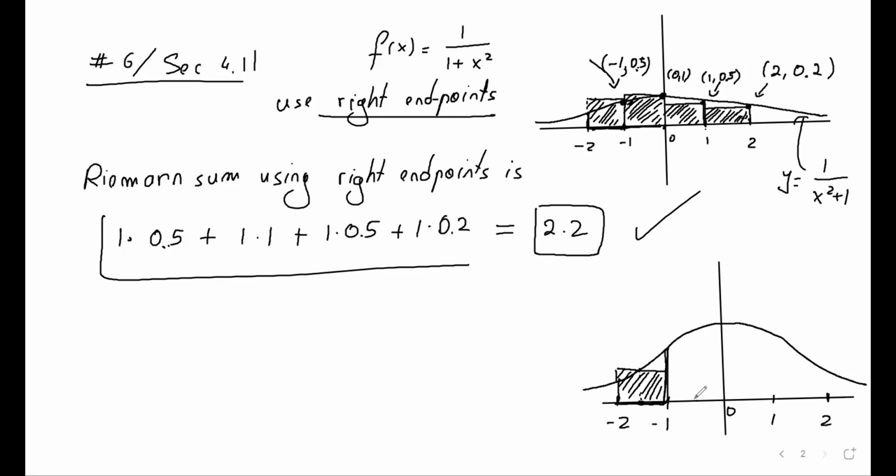I do the exact same thing for the next one, going up to the midpoint, and that's this one over here. Then between 0 and 1, that's going to give us this rectangle. And finally, over here, the midpoint would be someplace here, and that would be this one rectangle.